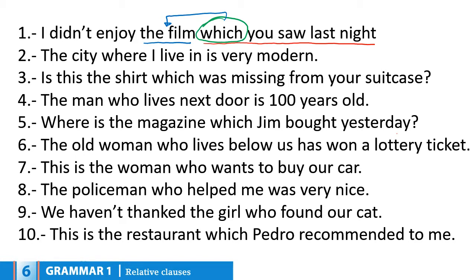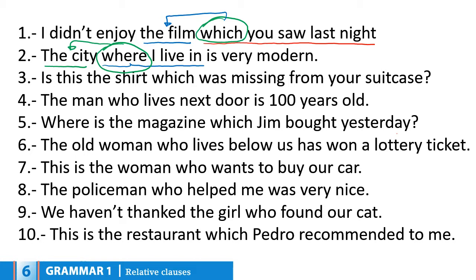Here we go. The city where I live in is very modern. This is the relative clause. This is the pronoun, and this is the word, the city, that is related to the pronoun.